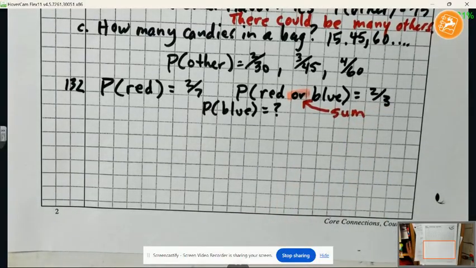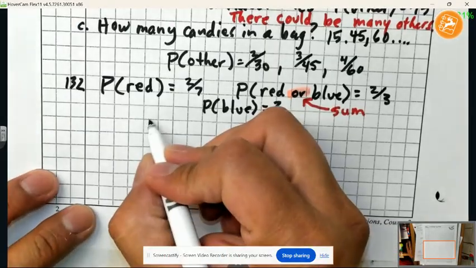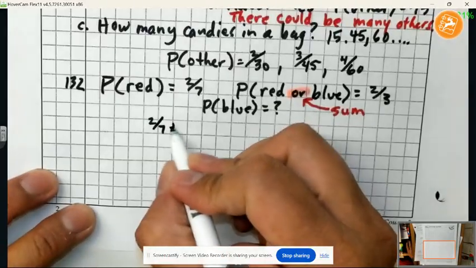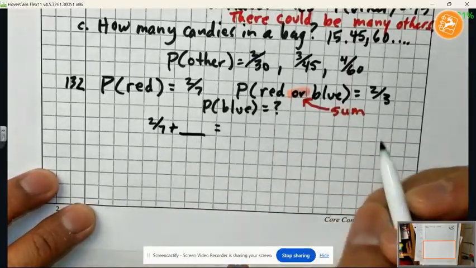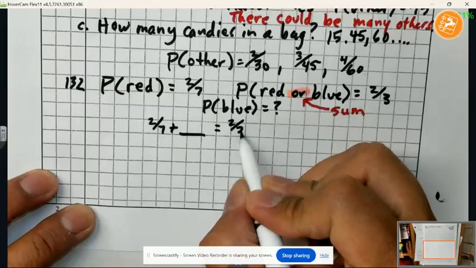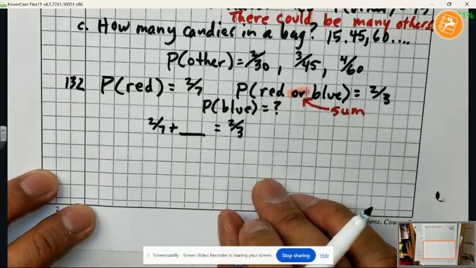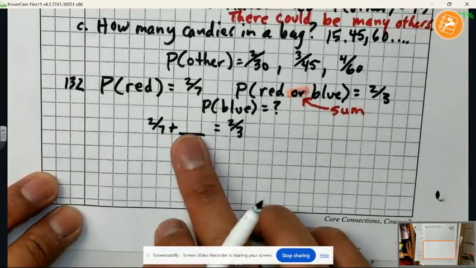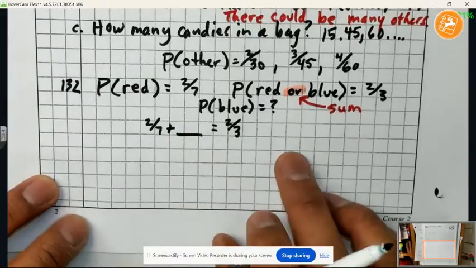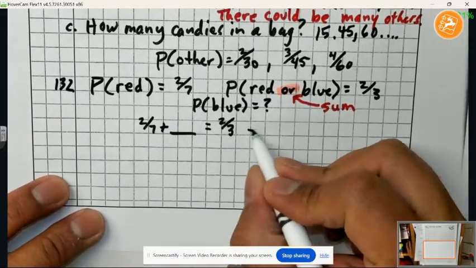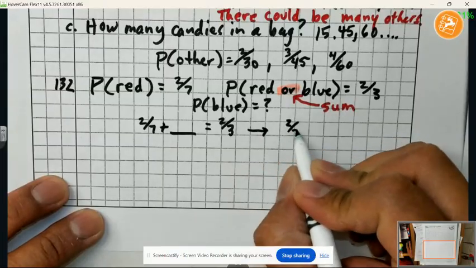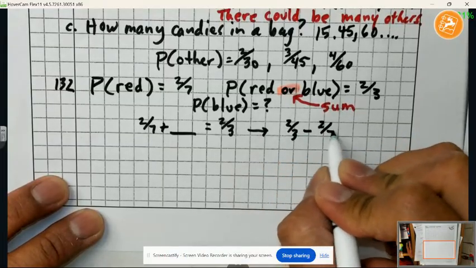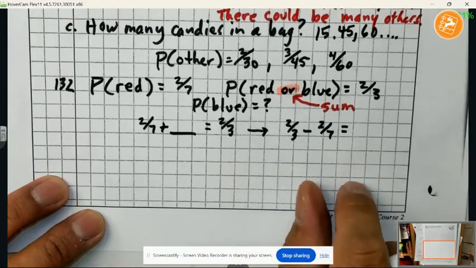First we know that 2/7 plus something is equal to 2/3. And we can solve this by using subtraction, so we would do 2/3 minus 2/7, and that will give us our answer.